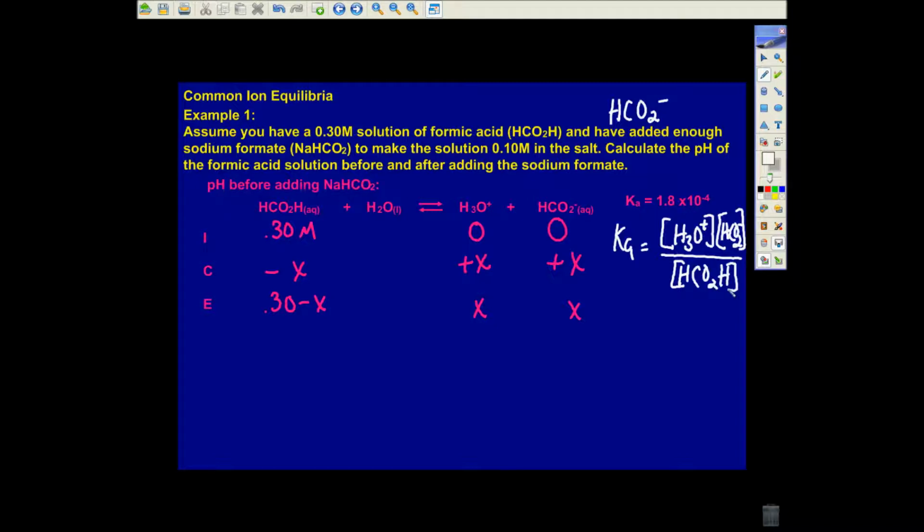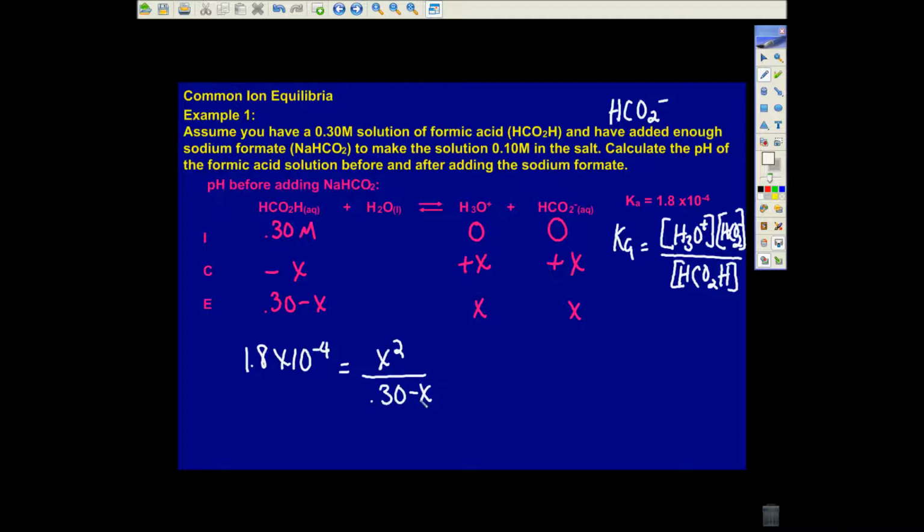So I can now plug those values into the equation, and I'm going to do that over here. I have my Ka listed as 1.8 times 10 to the negative 4. Remember, I looked that value up in the back of a book. You can get it off the internet if you choose to. And that concentration on the top is going to be X squared because X times X is X squared. On the bottom, I'm going to have 0.30 minus X.